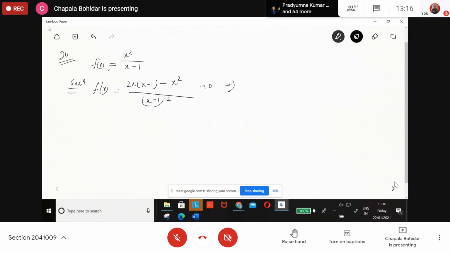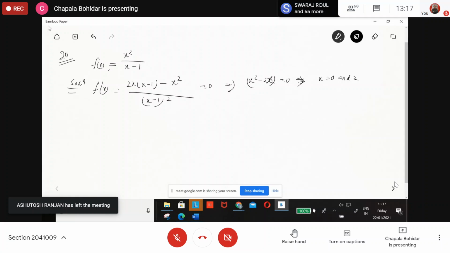This implies we get 2x square minus x square, so it is x square minus 2x equal to 0. This implies x is equal to 0 and 2.